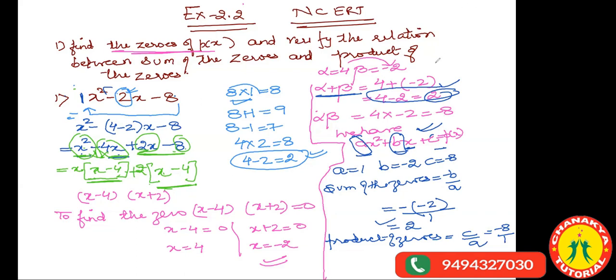So when you multiply the values of x, the product was minus 8 and from the formula also you have got the minus 8 value. Clear this thing? Ma'am, in the test, I wrote the same thing, ma'am. Product of zeros is equal to minus coefficient of x by... Is that the fine answer? Yes, yes.